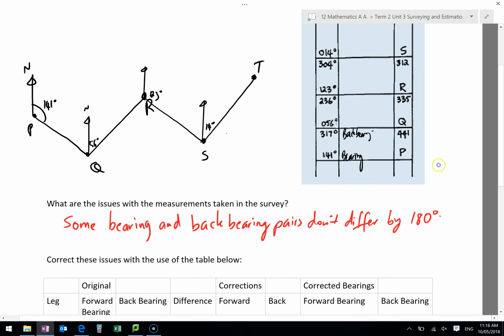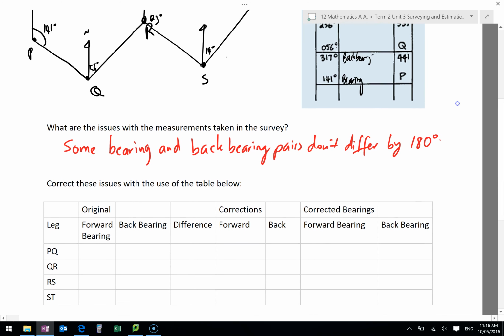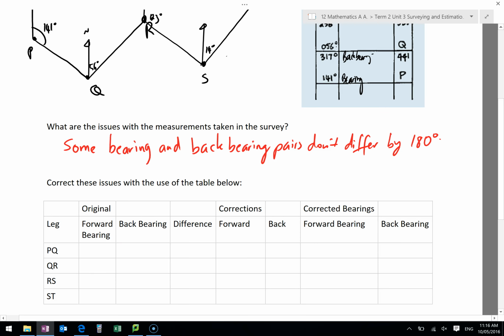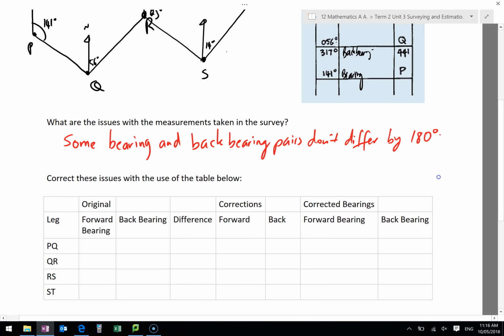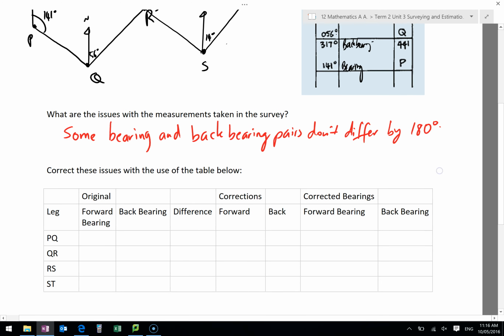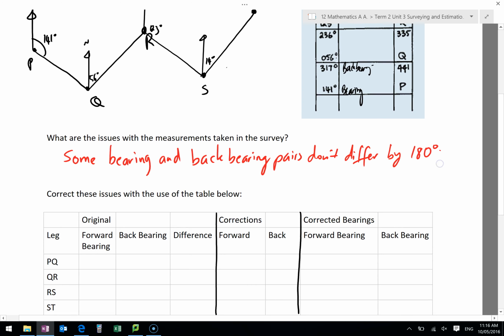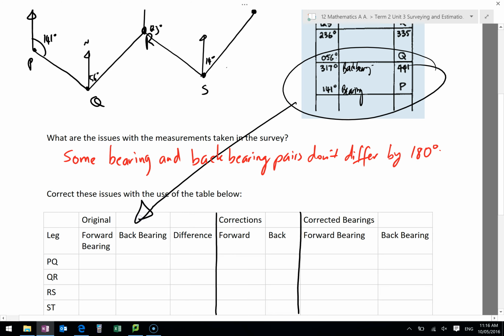We're going to do this in a systematic way to try and correct it, and basically do it in two sections. We'll have the original measurements, we'll make some corrections, and then we'll have the corrected bearings. The first step is to translate this information into this part of the table.